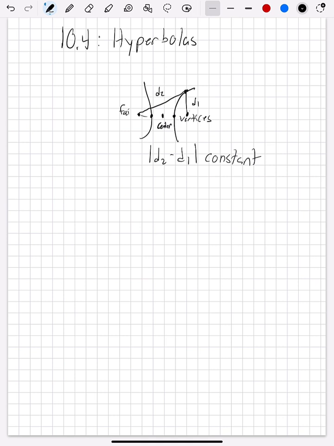All right, and so the important components here are the center, which we call (h, k), the vertices, which are (h plus a, k), and then the foci, which are (h plus c, k).